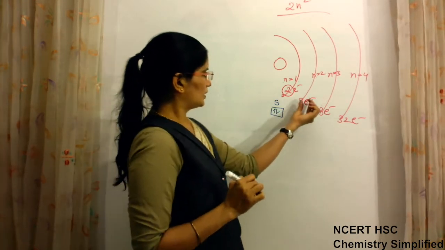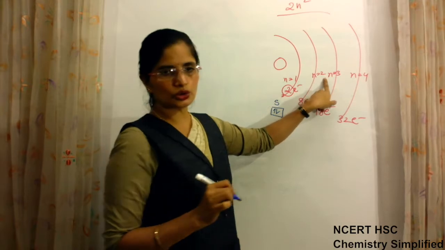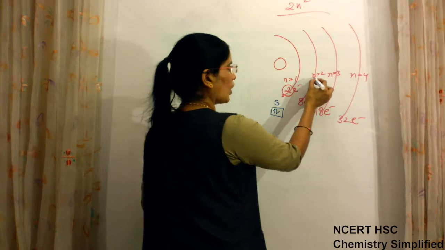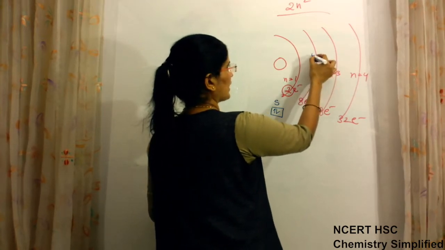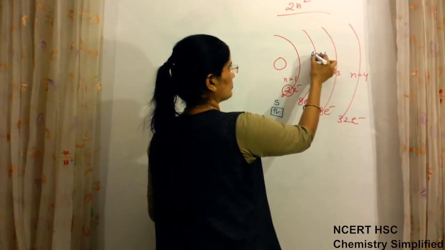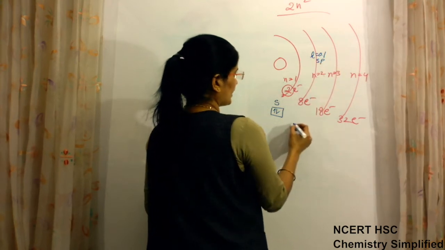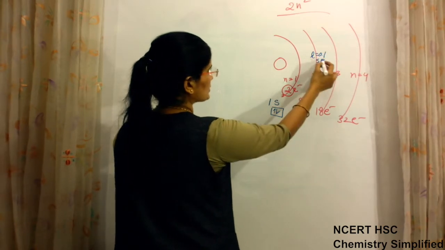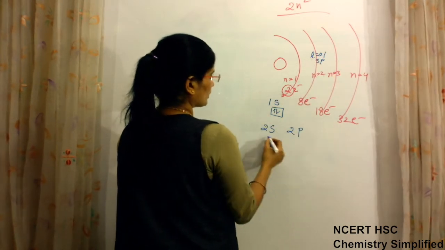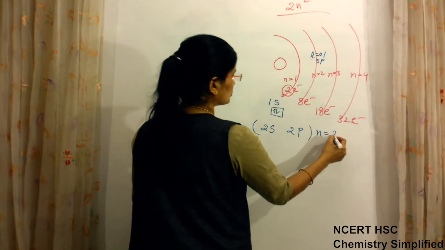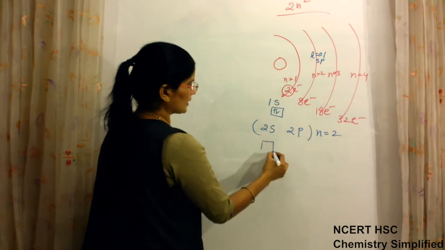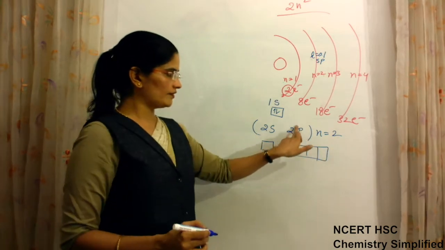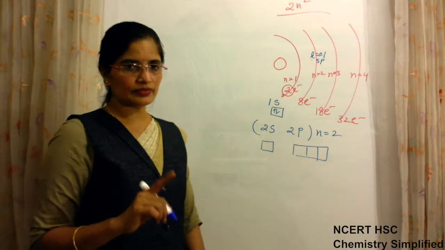Now in n is equal to 2, the maximum electrons which can come are 8. We know that n is 2 means L is 0 and 1, that is s and p. This is 1s, and this is 2s and this is 2p, which together form n is equal to 2. In 2s we can have 1 orbital, in 2p we have 3 orbitals, because wherever there is p, the number of orbitals will be 3.